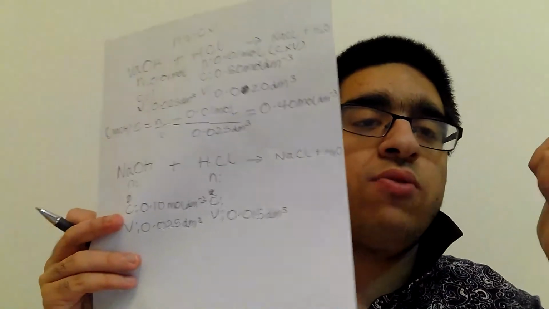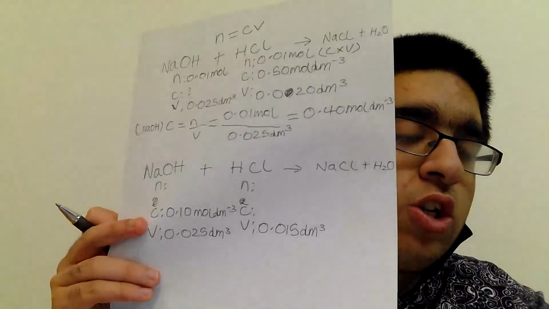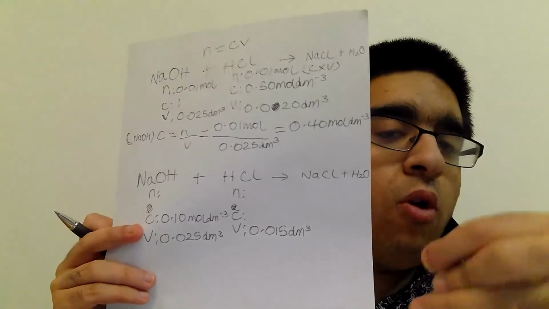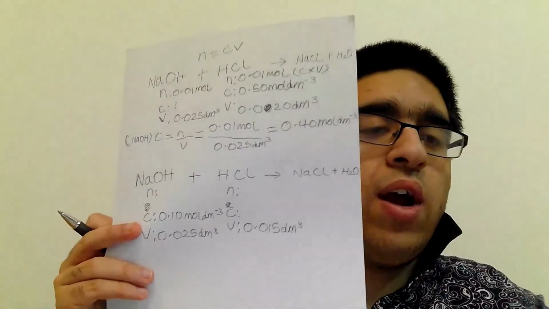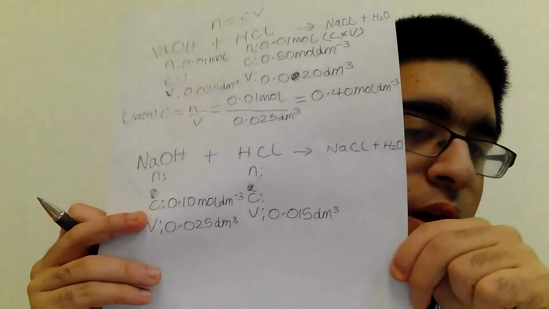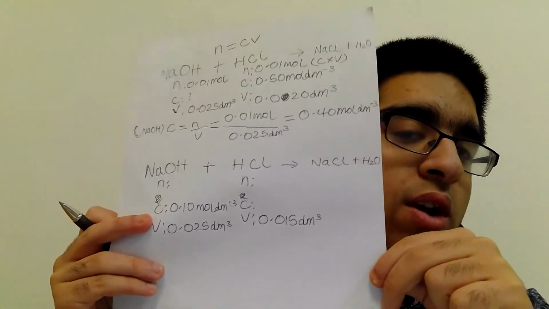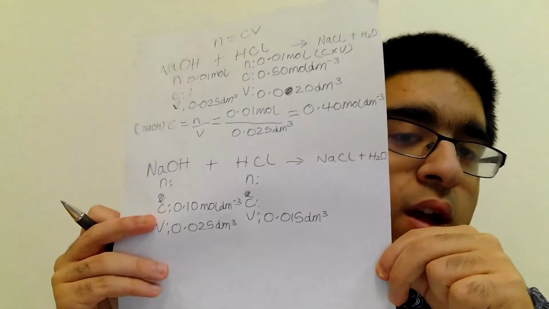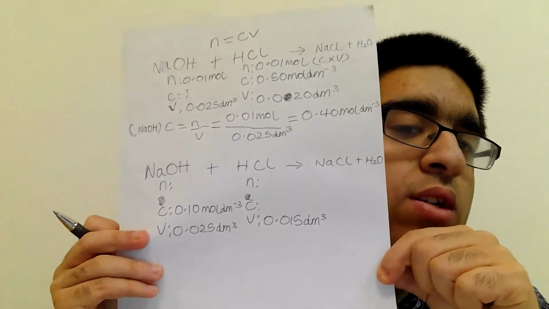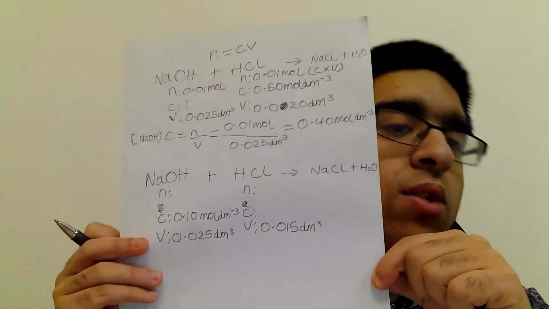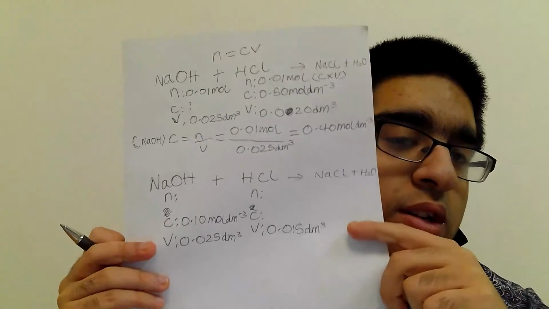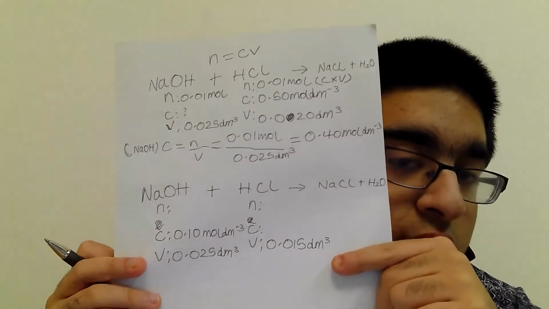In the last video I showed you how both of these are the same, so don't worry which you write, but I'm not going to show that again. Basically this is all the information I wrote. I just took that from the question and then converted the volumes to decimeters cubed, by dividing by 1,000. So this is the second example here.